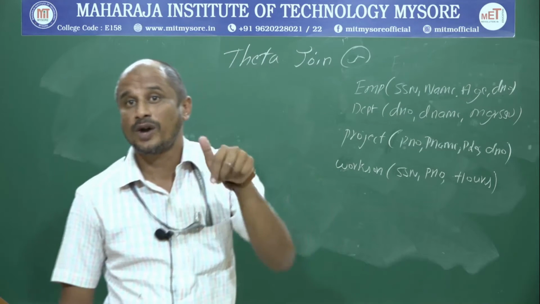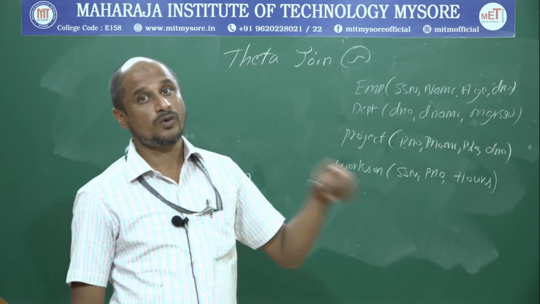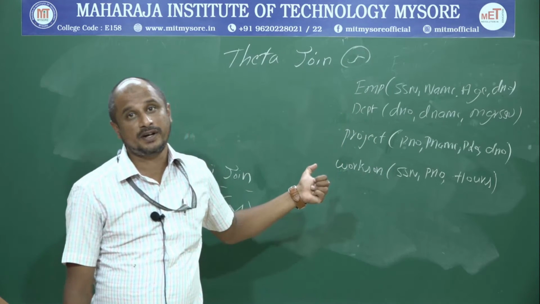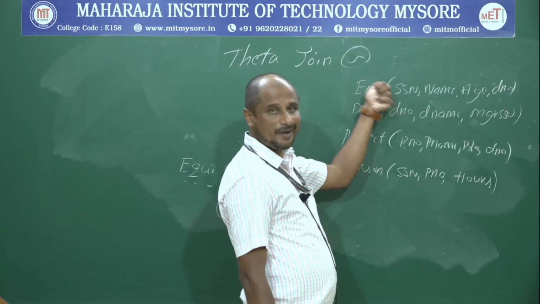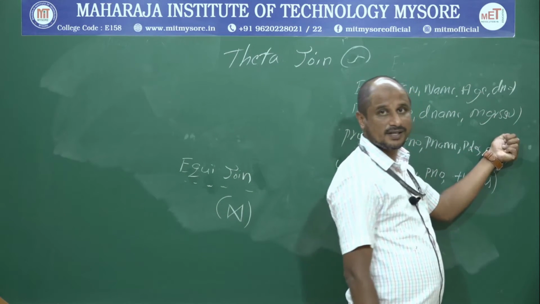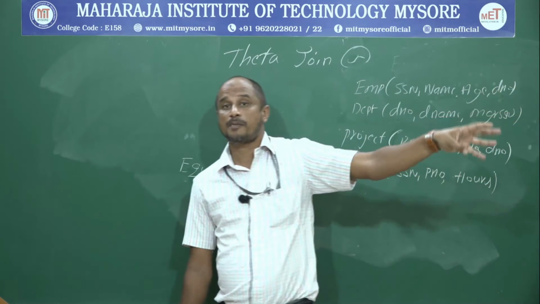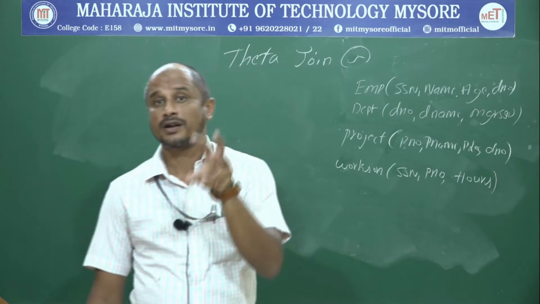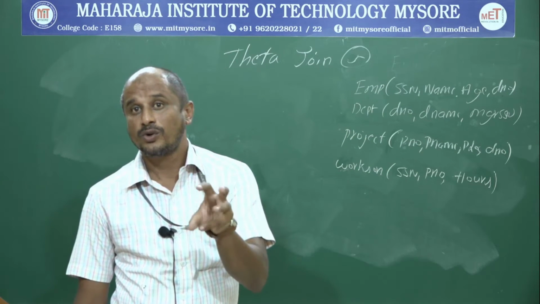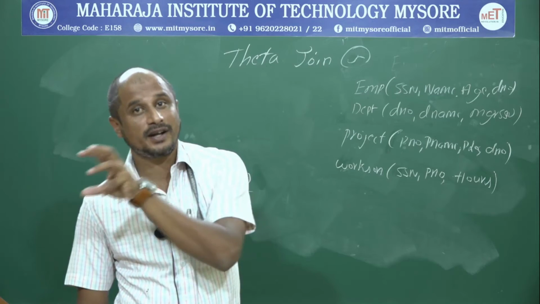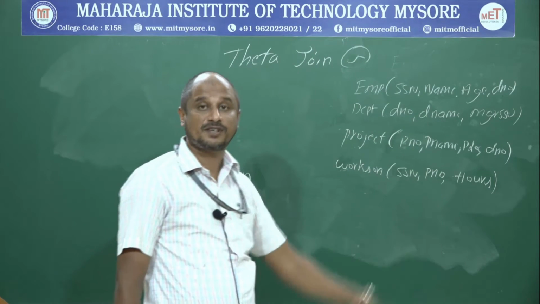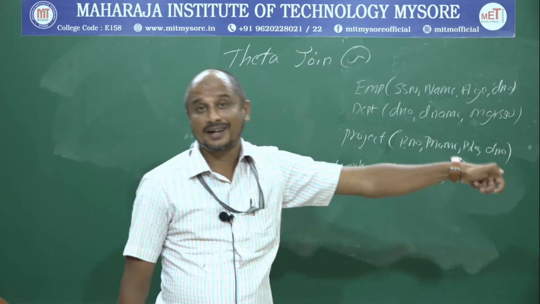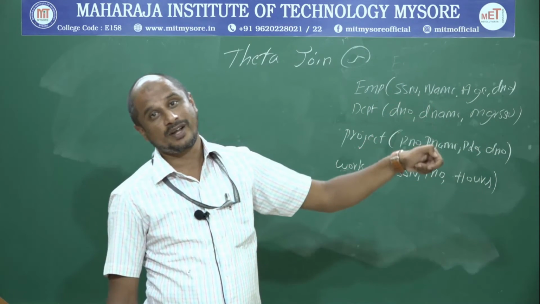You may ask, sir, why are you not joining SSN with manager SSN of the department table? As I discussed with the ER mapping, in the employee manages department relation we took all the attributes of department and the primary key of the employee table.